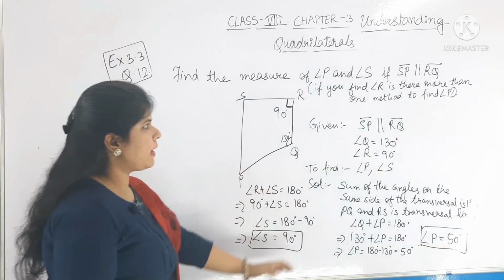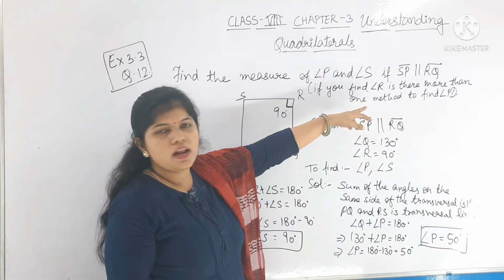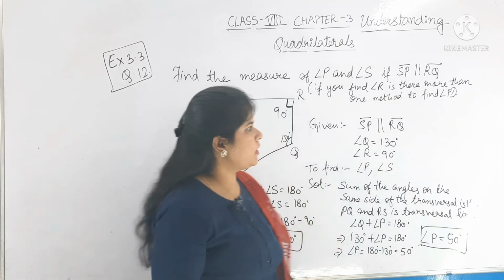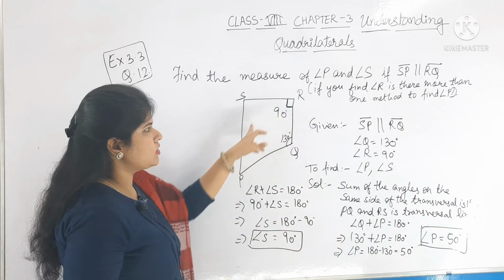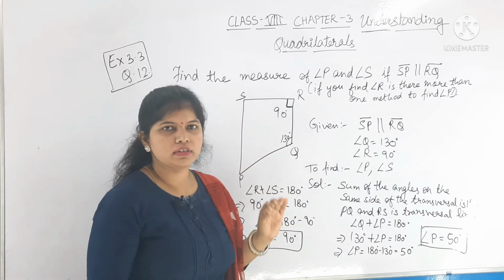So this is one method. And the question asks, if you find angle R, is there more than one method to find angle P? Yes, if it is a quadrilateral, the sum of the angles of the four sides is equal to 360 degrees.